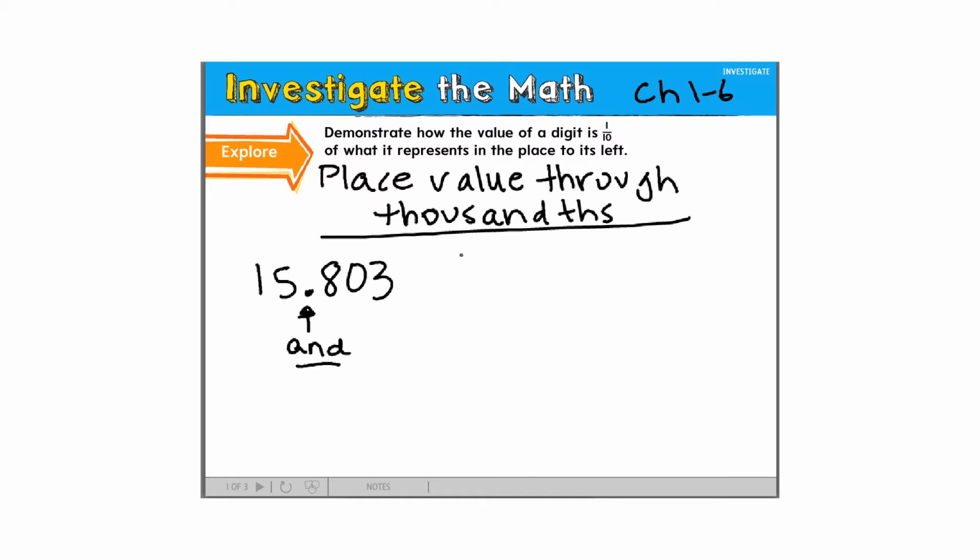So it would look like this, 15. I'm going to read whatever number it is before the decimal. Then I'm going to have the word and. Then I'm going to read the number after the decimal, which is 803, isn't it? 803.